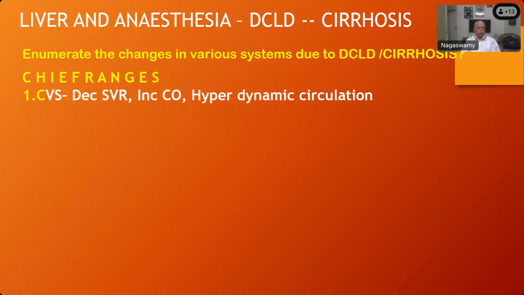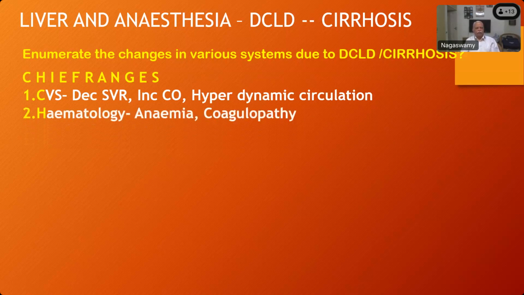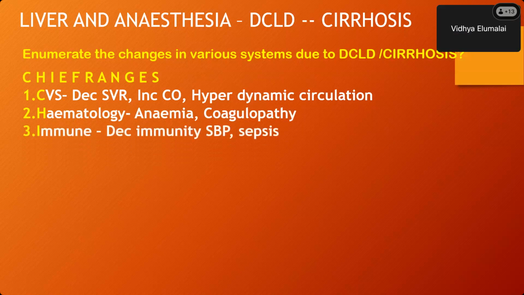What do you think the H stands for in the mnemonic? Hematology, sir. Fantastic. So what are the changes in hematology? Can be anemia or coagulopathy. Okay, what does I stand for? Immune responses.